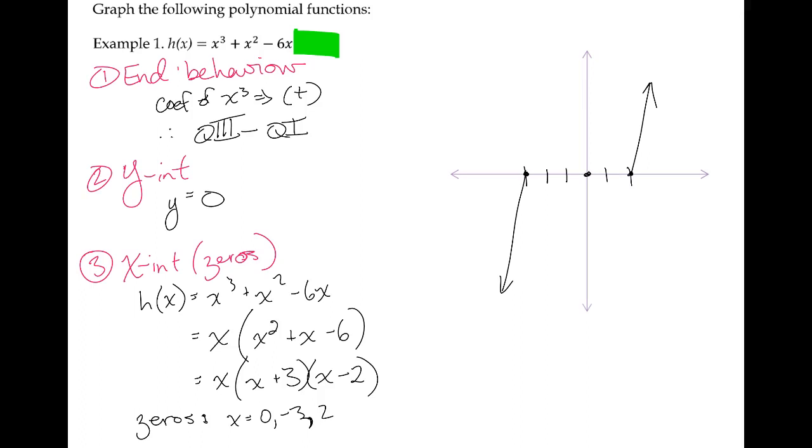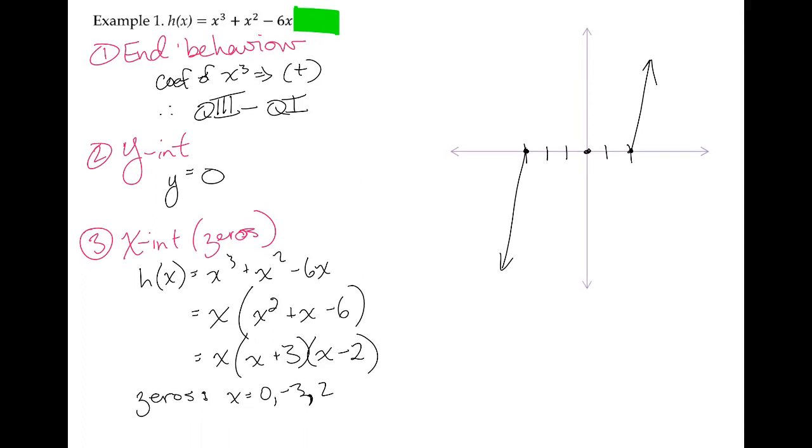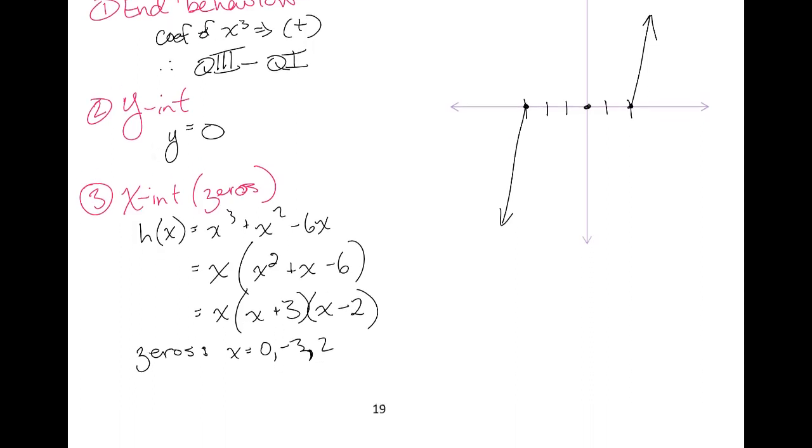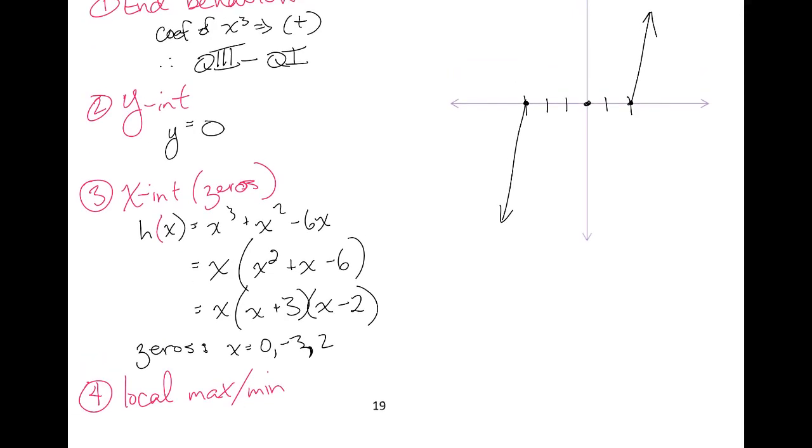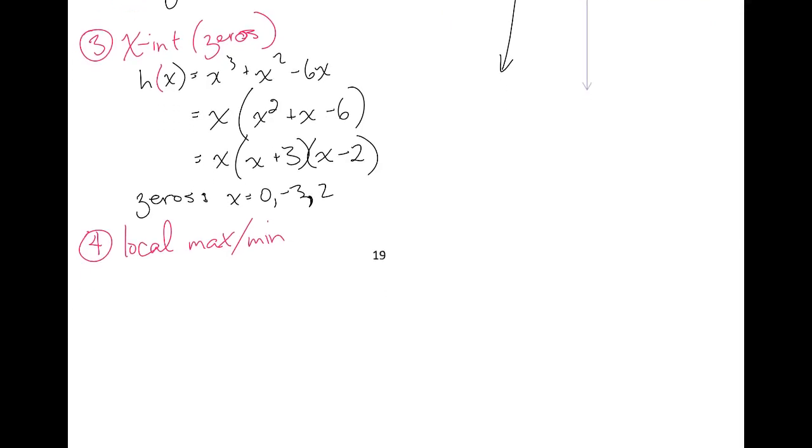So the question is, what do I look like in here? What am I looking at? That's where part 4 comes in, looking at my local maximums and minimums. So I can actually just calculate some values. I'm going to look at -2, -1, and 1 to help me out.